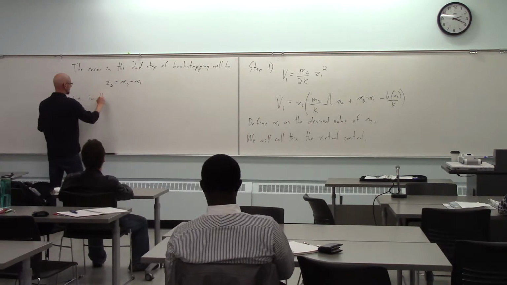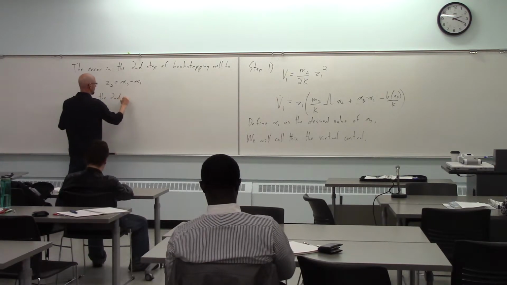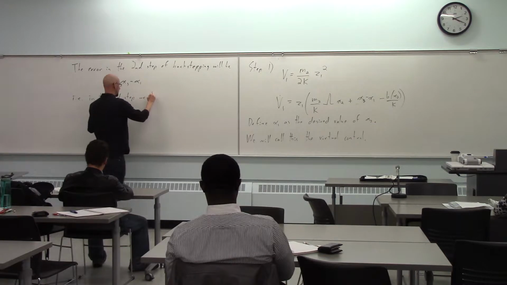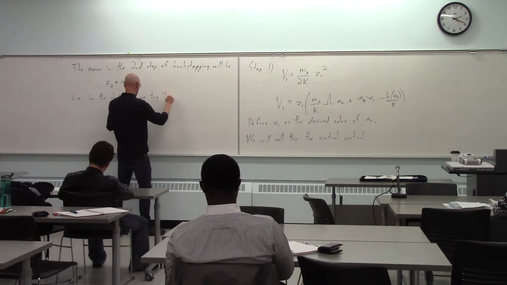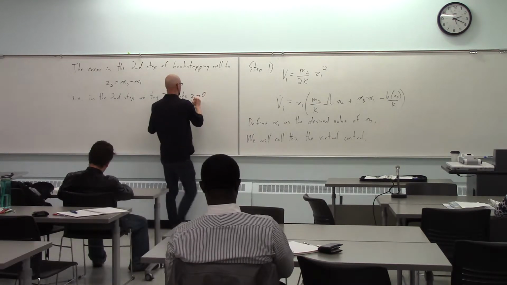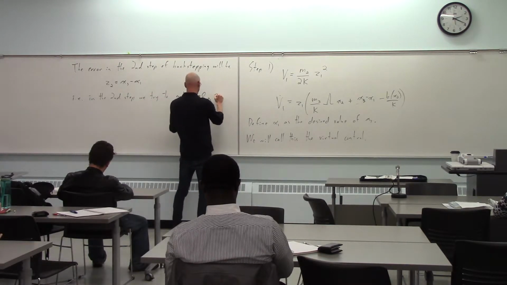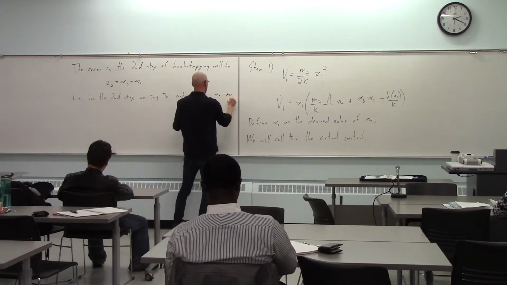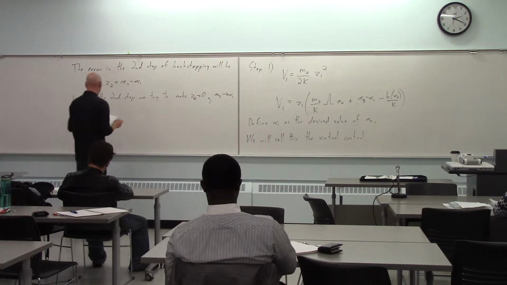So in the second step, we try to make Z2 go to 0. In other words, x3 go to alpha 1. Okay?